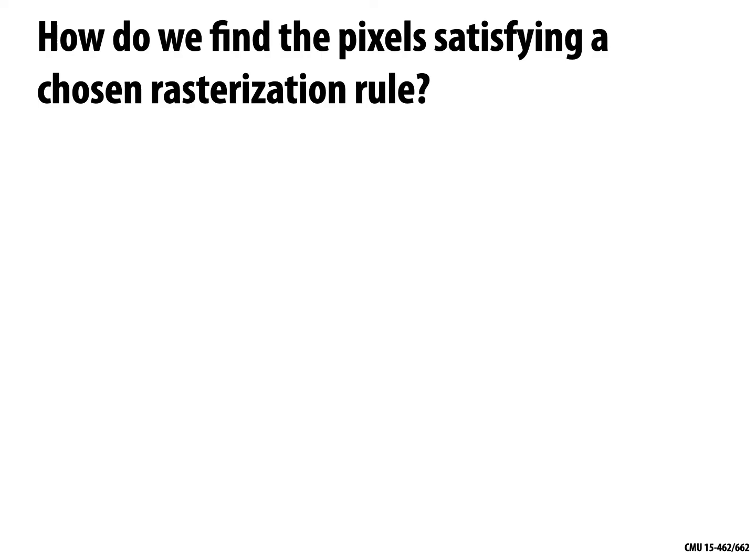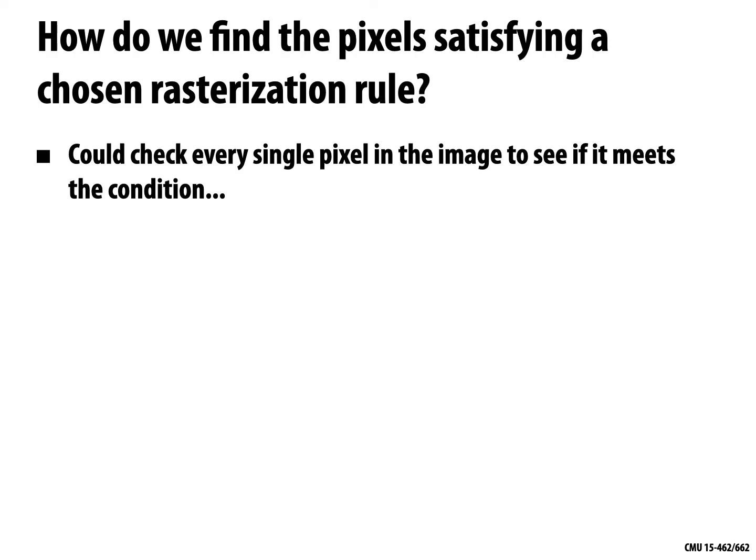One stupidly simple algorithm would be to just check every single pixel in the image to see if it meets our rasterization rule. So for instance, let's say I have an 8K monitor, millions and millions of pixels in my huge high-resolution monitor, and I just want to draw one short line segment. Let's say my image is n by n for some very large n, and I'm going to rasterize it by going to every single pixel in my pixel grid and checking, does the line pass through the diamond in this pixel?